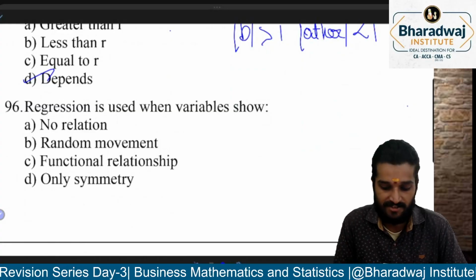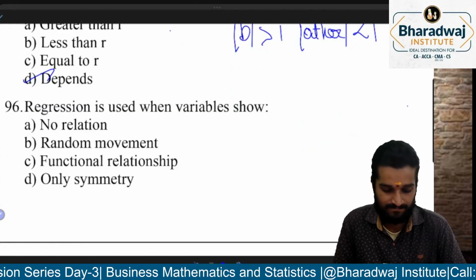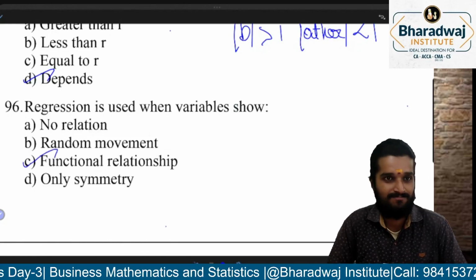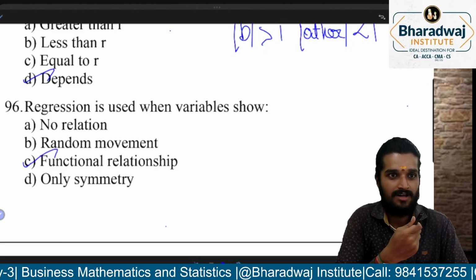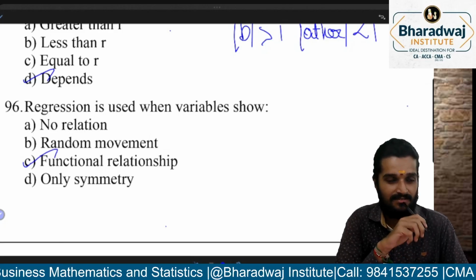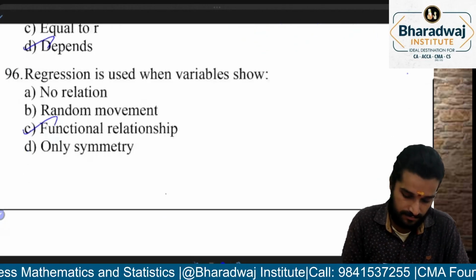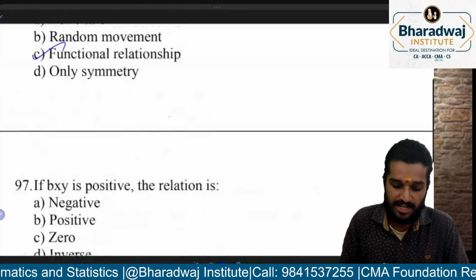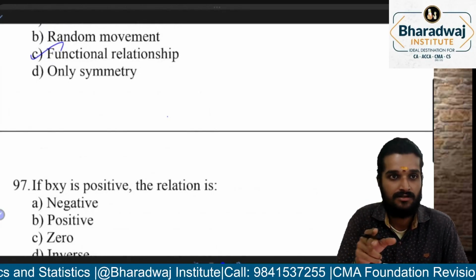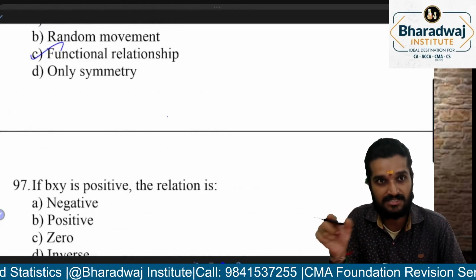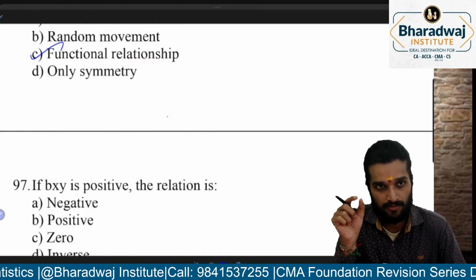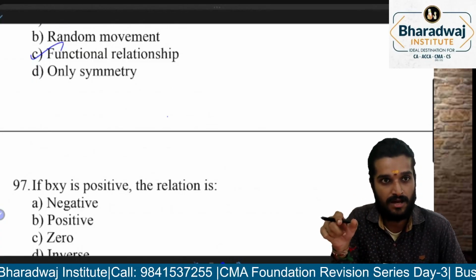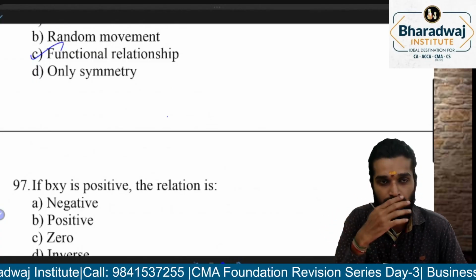Regression is used when the variables show a functional relationship. Yesterday you asked this question, right? A functional relationship is nothing but function of function. The meaning of functional is that the input of a function itself is another function. What is the input of the function here? Like f of g. Yeah, kind of.